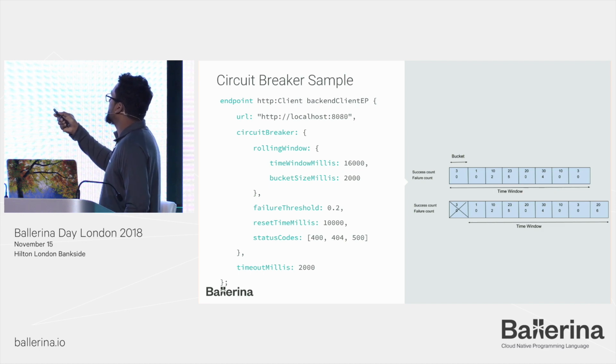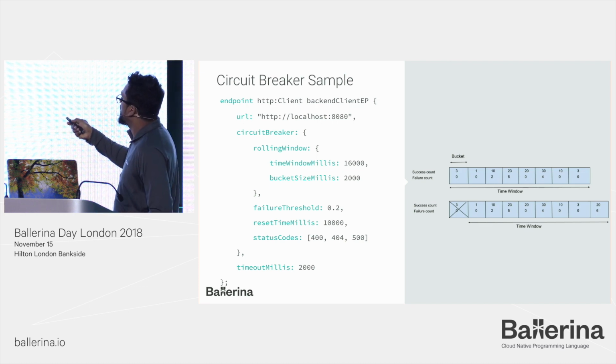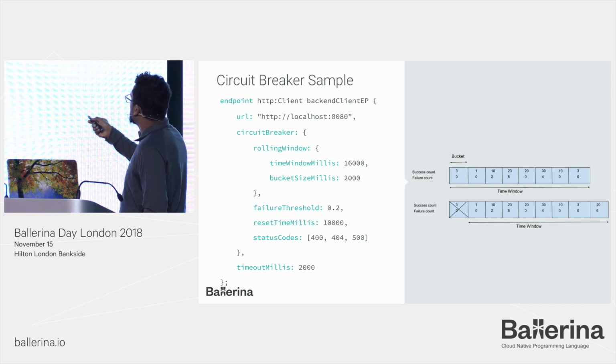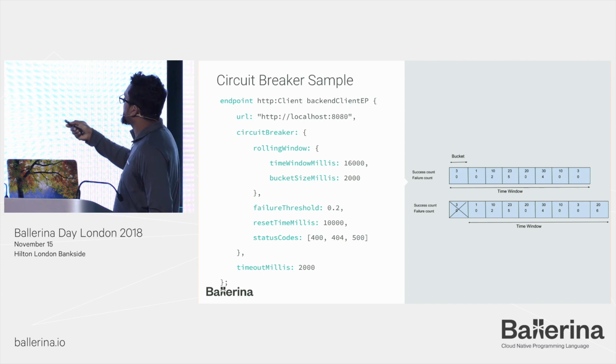In the second bucket, there's 1 successful, nothing failed. Here 2 have failed, 5 have failed, and so on. So we basically count the successful and failed requests within a bucket, and then we count them throughout a particular time window. So this is a moving window, right? Once the window moves, we no longer consider buckets that are out of scope, right?